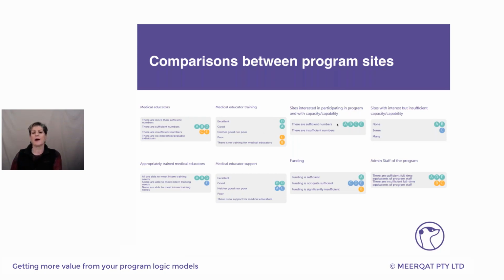This is node by node, and there were 5 program sites. Each one has a little circle with its letter representing that program site, and you can see the consensus ratings that were given by each of the 5 program sites for each of these nodes. In this way, you're able to identify issues that are systemic or common between program sites and distinguish those from local issues that might require local solutions.